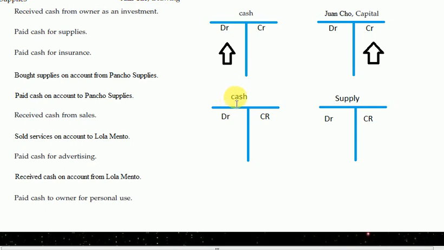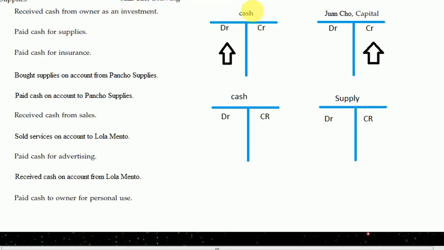So which of these two assets increases? When you pay cash for supply, what do you get and what do you lose? You lose cash because you are paying away your cash, and you get supply. Supply is an asset.